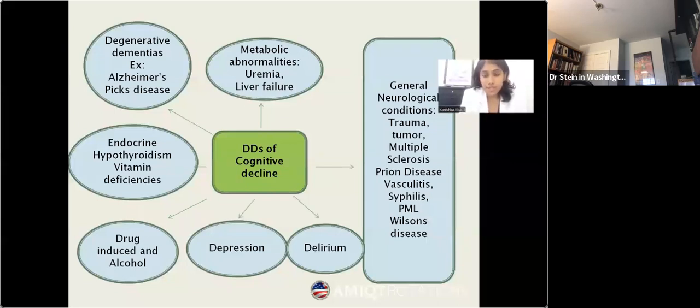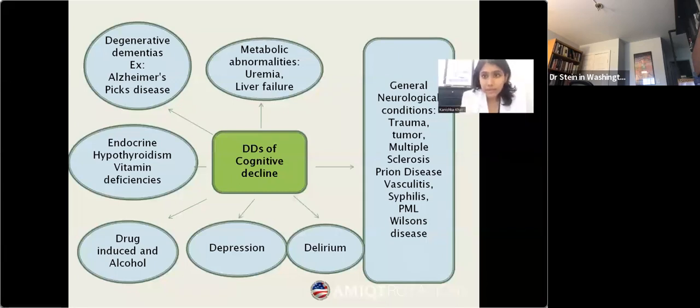This could be the major degenerative dementias like Alzheimer's disease. It could be Pick's disease. It can be metabolic abnormalities involving kidney or liver failure. Can be endocrine abnormalities like hypothyroidism, vitamin deficiencies, or it can be depression, which is an important differential and is often called pseudodementia.